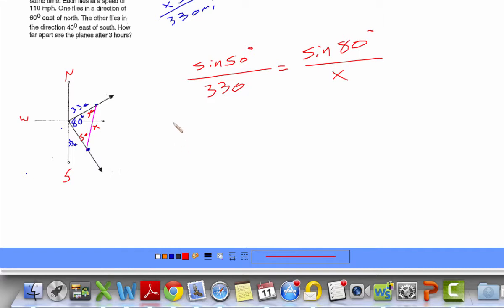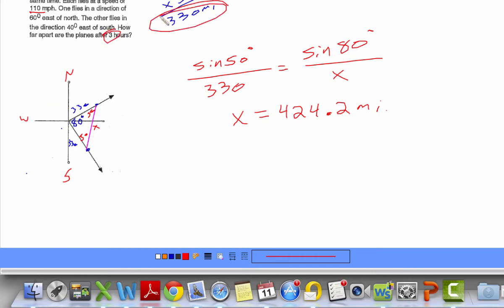A little cross multiplication station there, and 330 times the sine of 80 divided by the sine of 50 on the old calculator, and I get x is 424.2 miles apart.